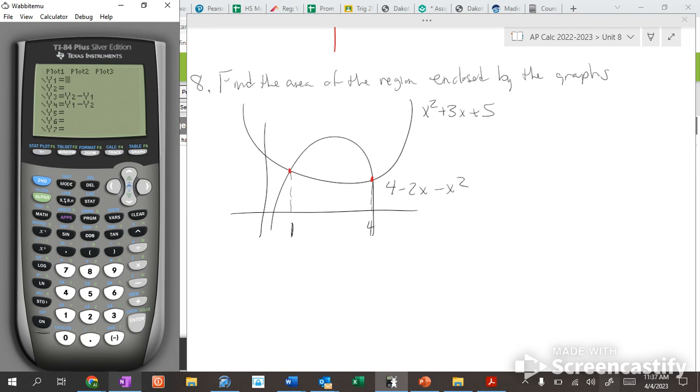So we have x squared plus 3x plus 5, and then 4 minus 2x minus x squared.